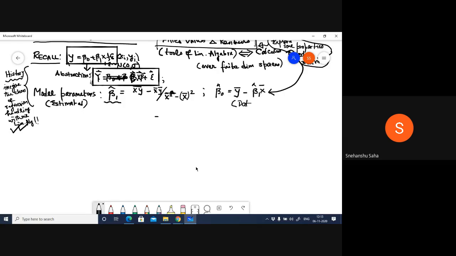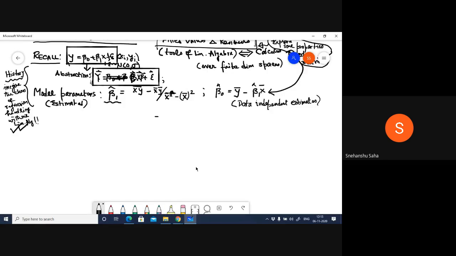It does not depend on what your y values are. You should be able to compute this anyway. Of course, in order to know the specific values of beta 1 and beta naught, you need the data, right? But these formulas for estimating the coefficients are independent of y.